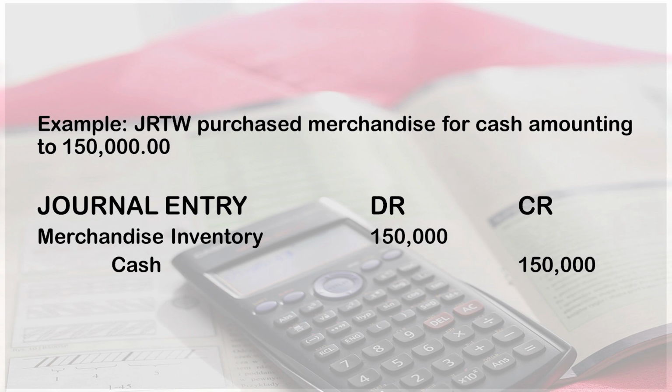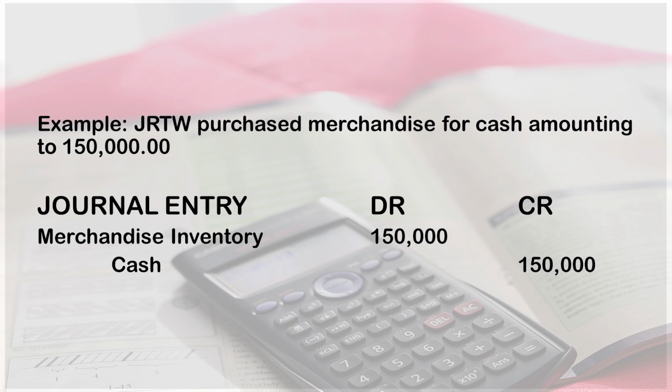It says in number 1, debit refers to the value received. What is the value received in this transaction? It is the amount of 150,000 as an inventory. Therefore, merchandise inventory should be debited, and the amount is 150,000.